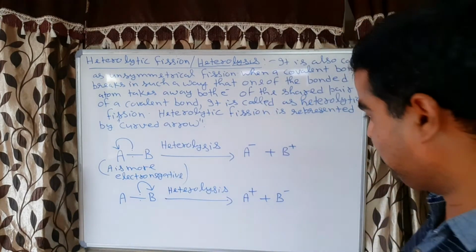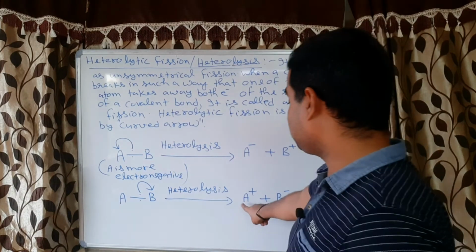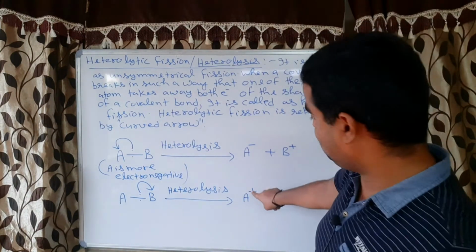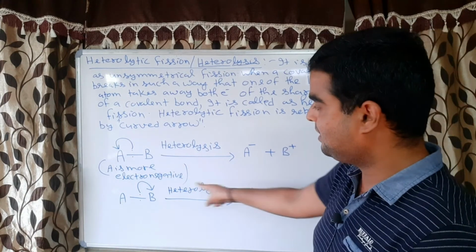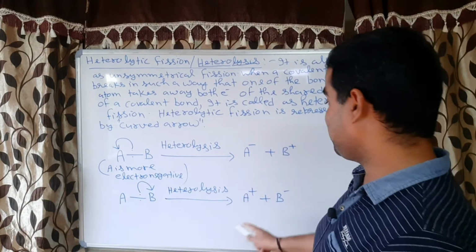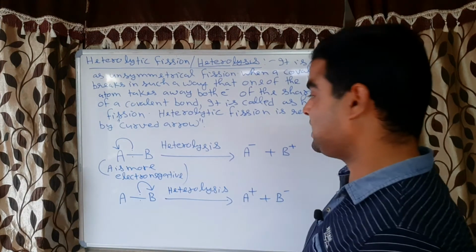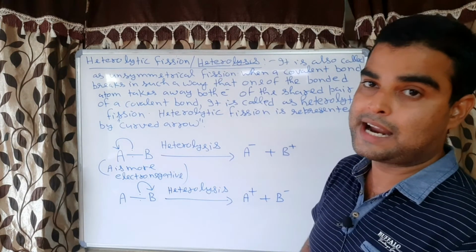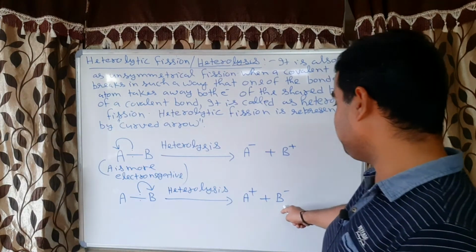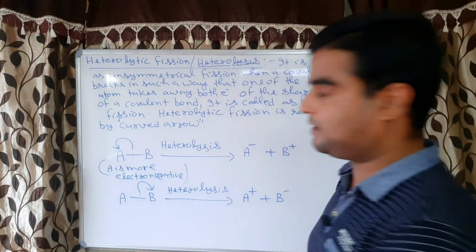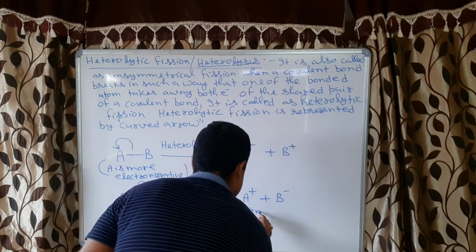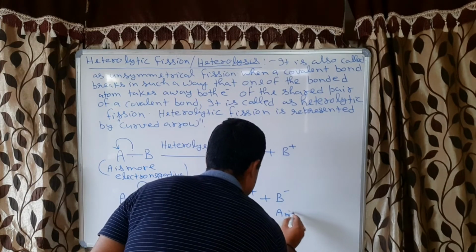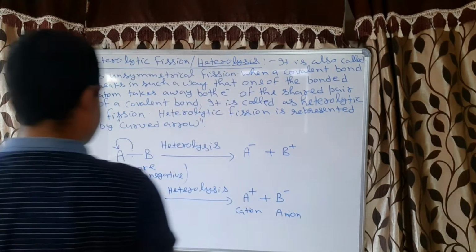Now here you can see A and B are charged species, and these charged species are the product of heterolytic fission. The positively charged one is called a cation and the negatively charged one is called an anion. So this is cation and this is anion.